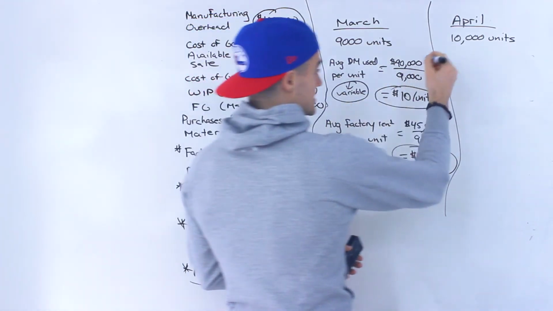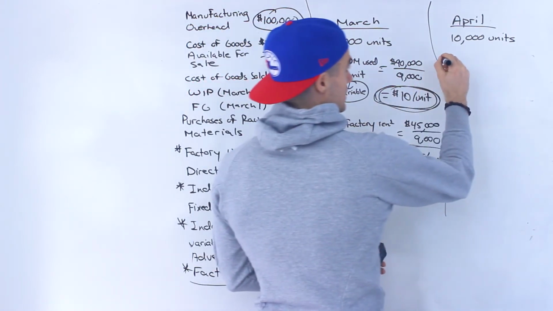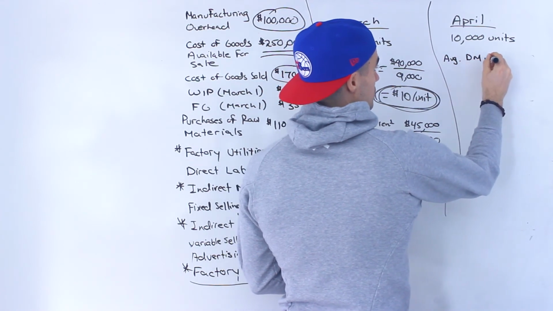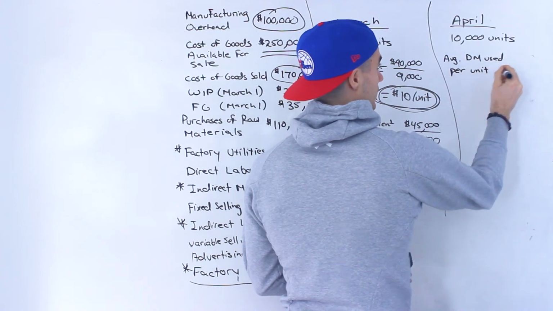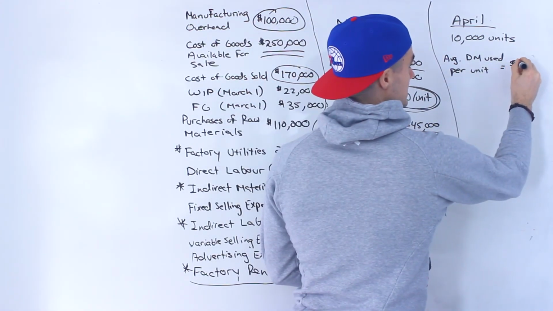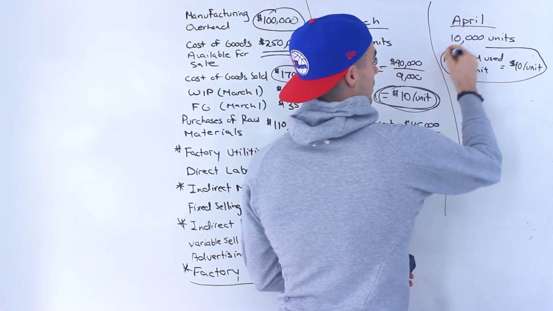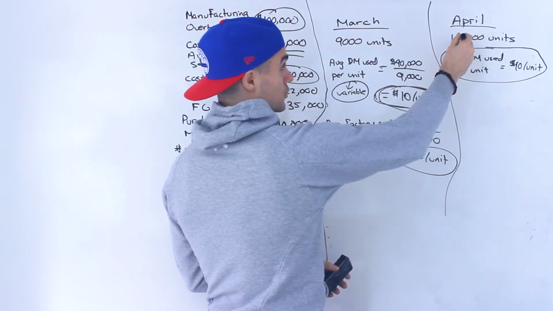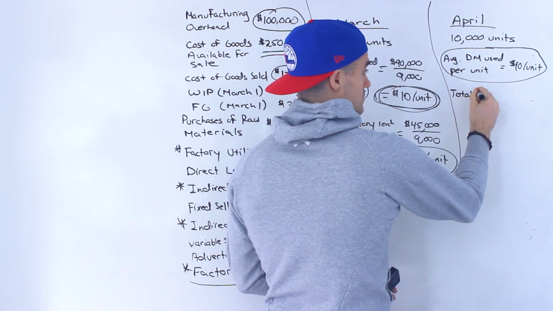And so the trick is knowing that this amount here is going to be the same. So the average direct materials used per unit, because it's a variable cost, because it's directly traceable to the product, it's still going to be $10 per unit. That amount is not going to change. But what is going to change, because there's more units being produced in April versus March, is the total direct materials used.